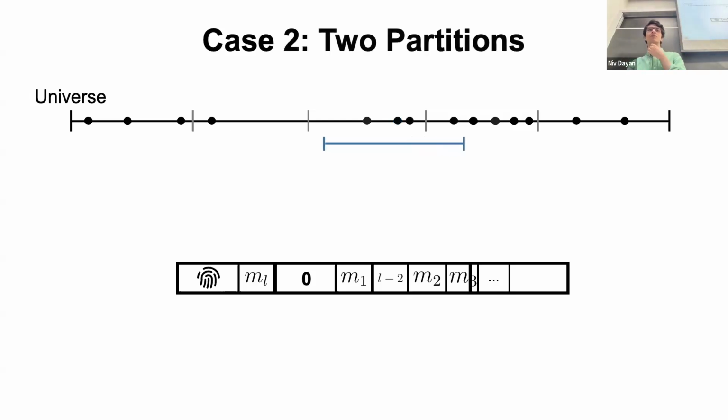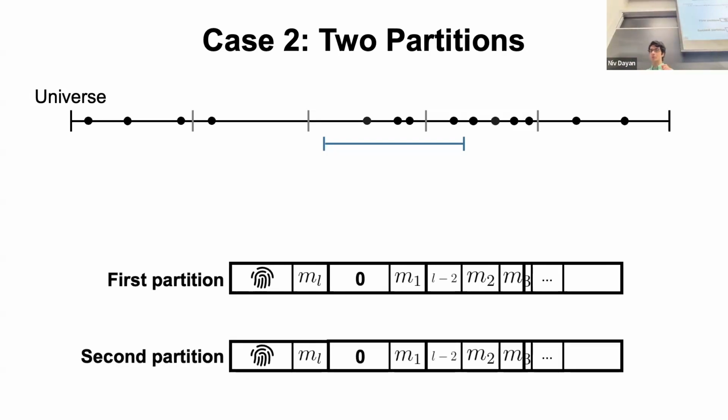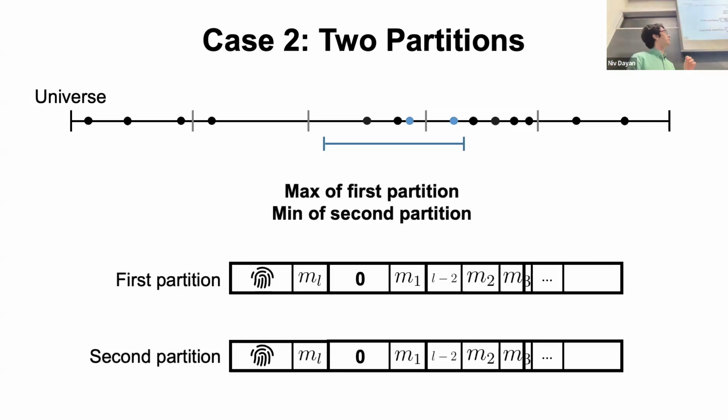The case where you have two partitions is a bit more interesting in the sense that now you're going to see why storing the max and min near the fingerprints is going to be useful. Okay, so here we actually care about two partitions, and each one of those partitions is going to have its own keepsake box. And the idea is that the maximum of the first partition and the minimum of the second partition are the most probable candidates for being in the range.